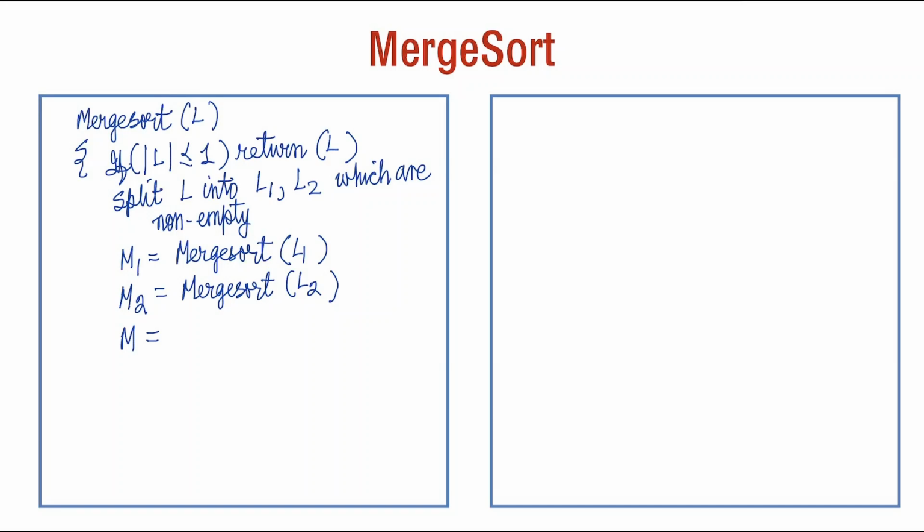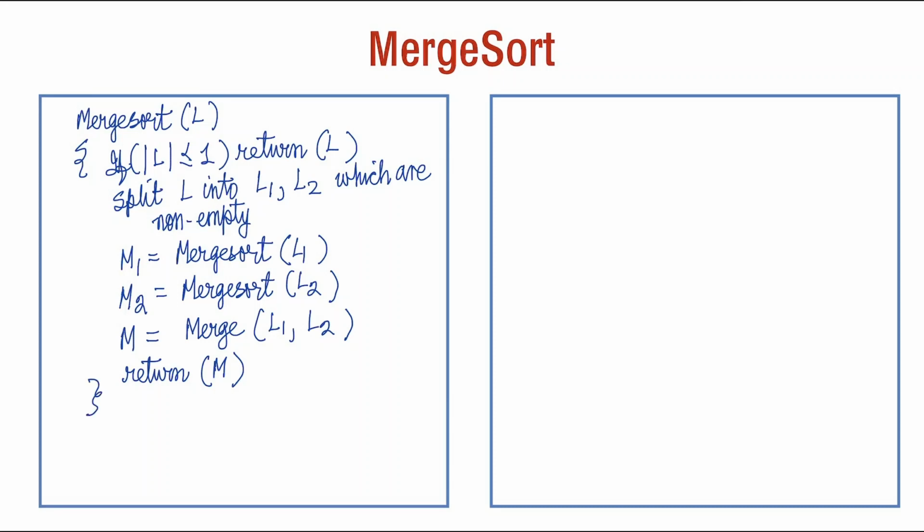So we now have two sorted lists, therefore we have to merge these sorted lists. We apply the algorithm merge L1 L2, which merges these two sorted lists, and once we get this, we return M.